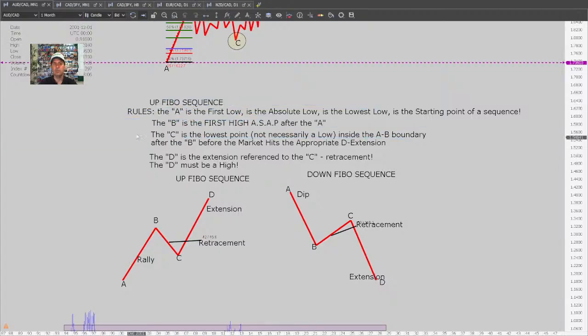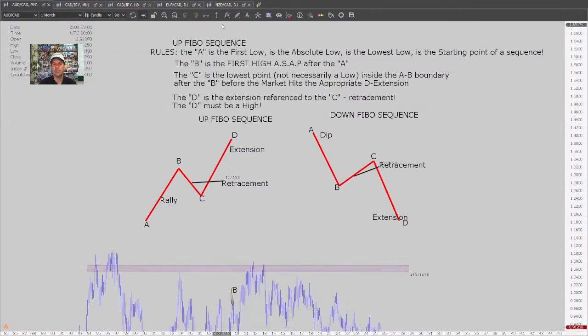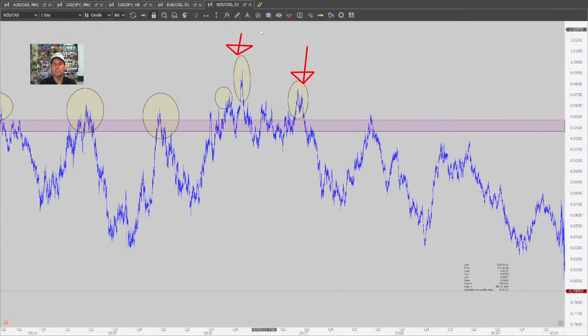Up Fibonacci sequence rule: the A is the first low, the absolute low, the lowest low, is the starting point of a sequence.